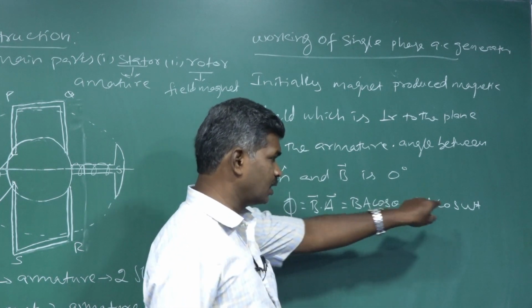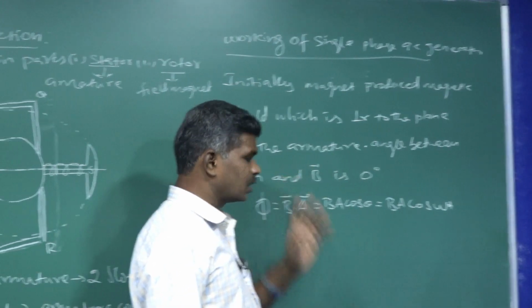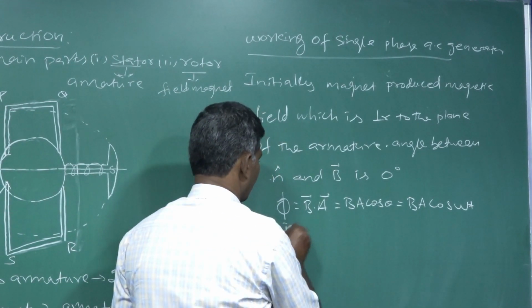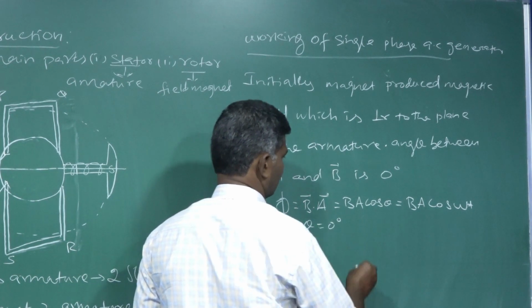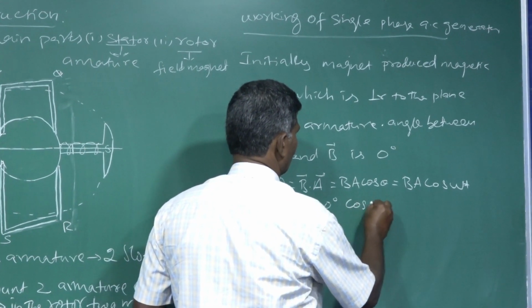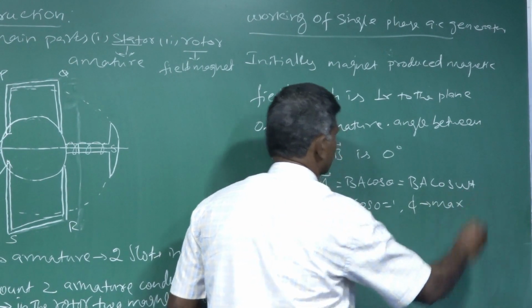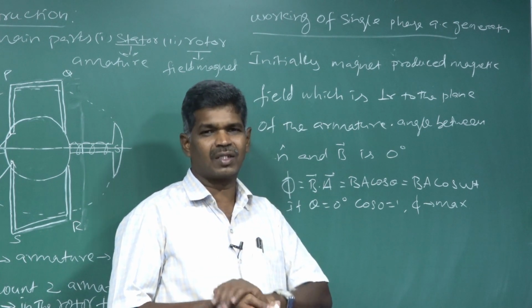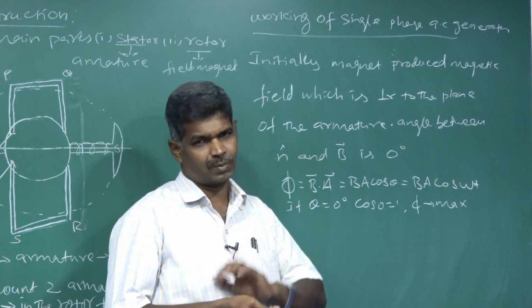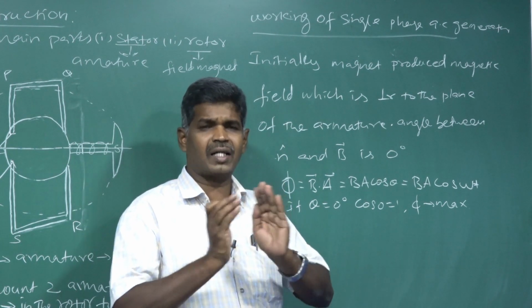If you substitute theta, or omega t, equal to 0, what about the flux linked? If theta is 0 degrees, then cos 0 equals 1, so phi becomes a maximum. So at that initial position, the flux linked with the armature is a maximum, but it is taken as the origin, a static condition.